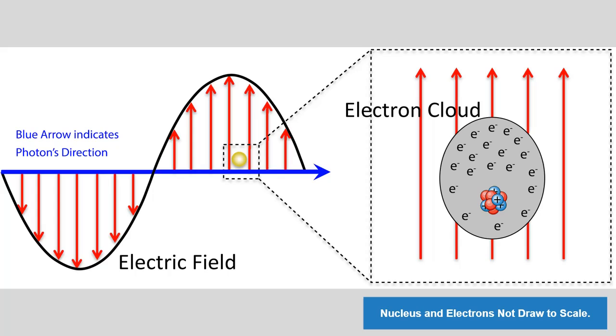In addition, a neutron is 2,000 times more massive than an electron. Since the nucleus is composed of protons and neutrons, the nucleus is 2,000 times more massive than the electrons in the electron cloud. Therefore, it is the electrons within the atom that undergo the greatest acceleration, or in other words, oscillation, when a photon interacts with the atom.